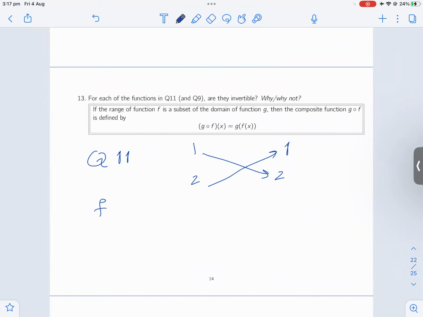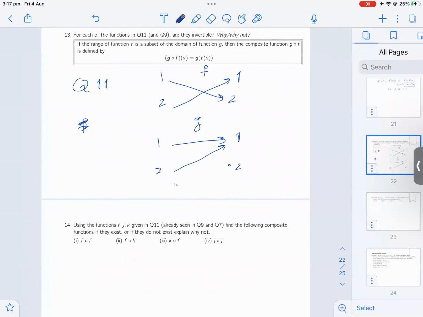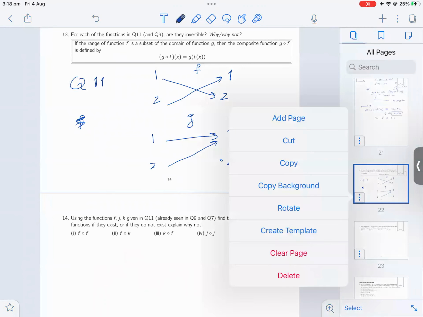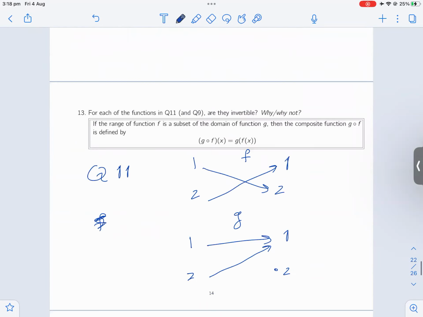This is f, and this is g. g is 1 goes to 1, 2 goes to 1, and there is a 2 living here. So I can write f of g of x. I want to have this one.